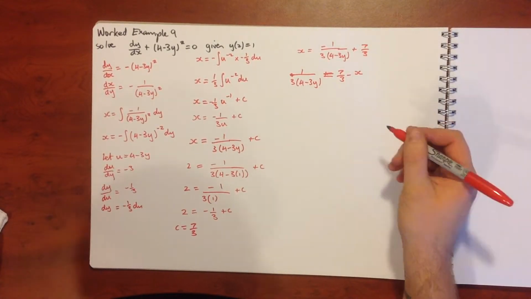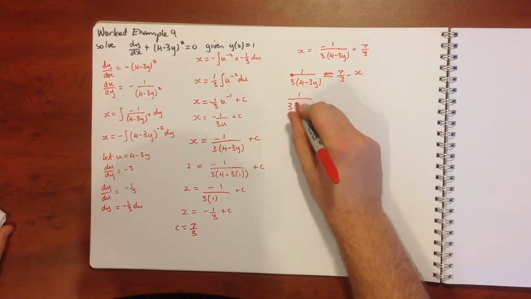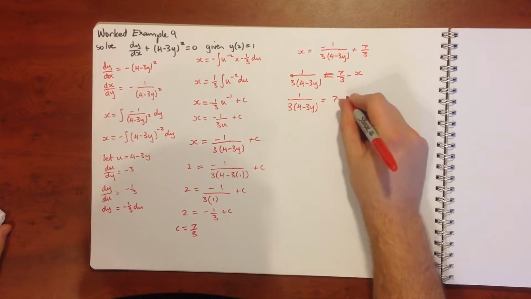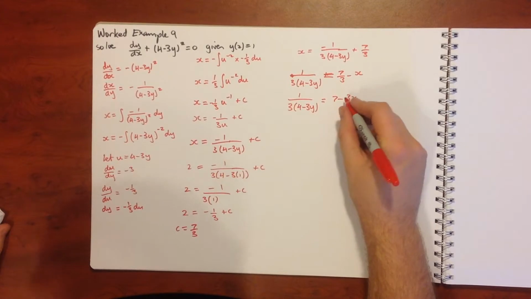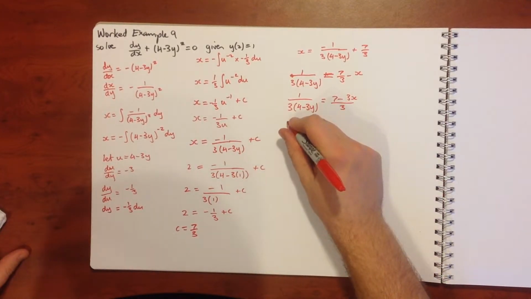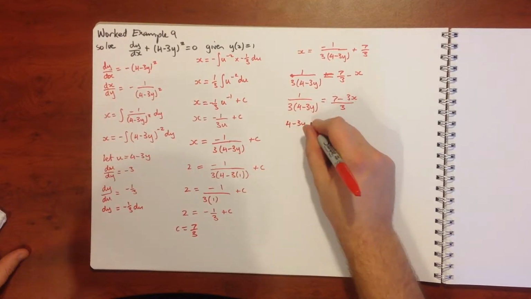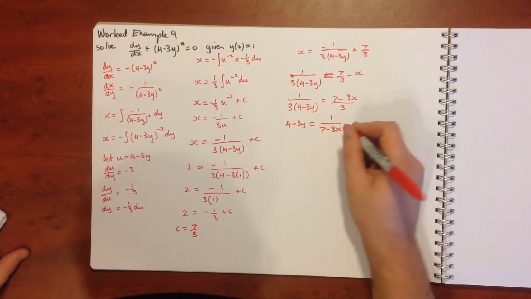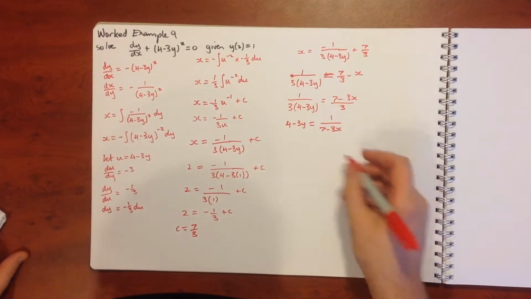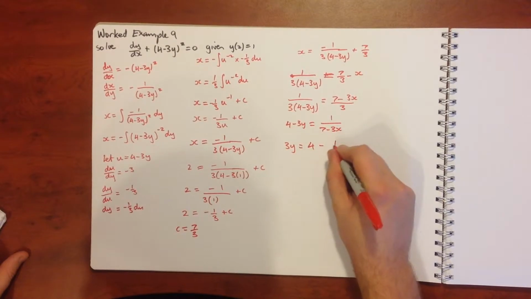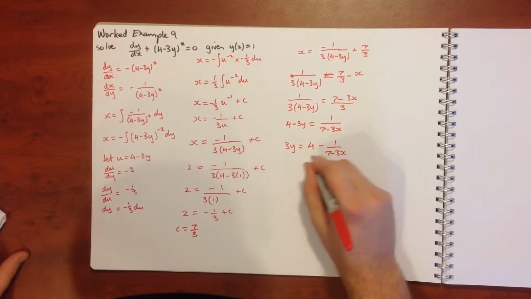That means 1 over 3 outside of (4 minus 3y) is equal to (7 minus 3x) over 3. So 4 minus 3y equals 1 over (7 minus 3x). We can keep rearranging and get 3y equals 4 minus 1 over (7 minus 3x).